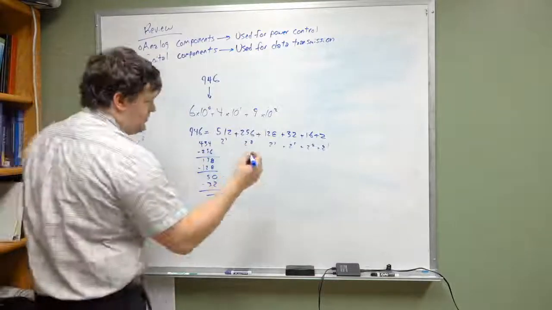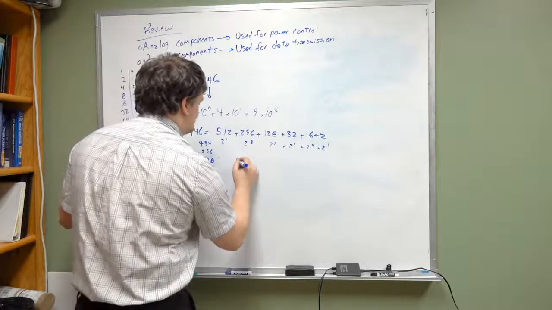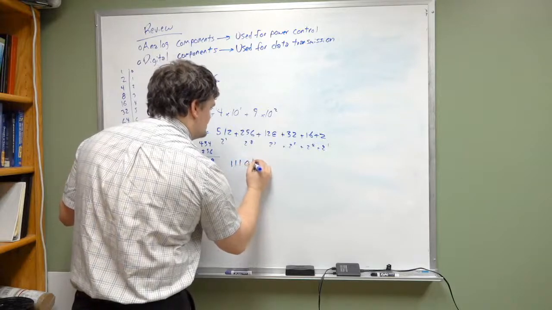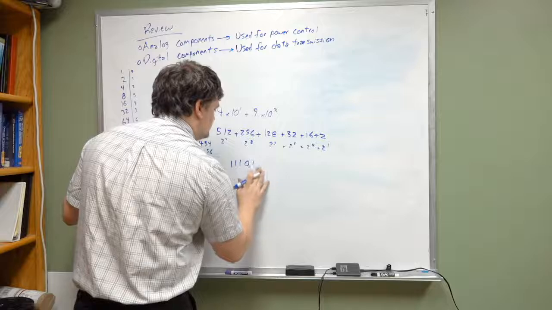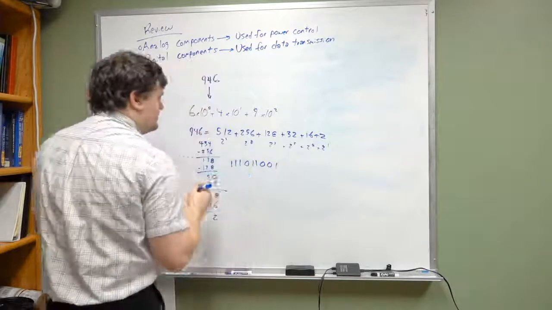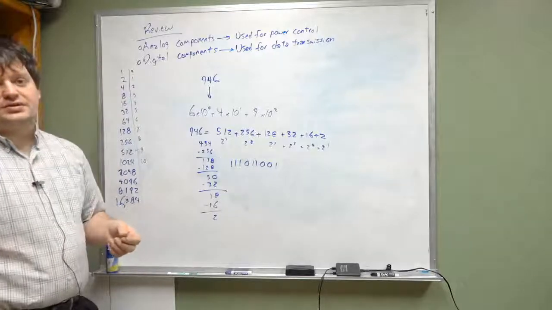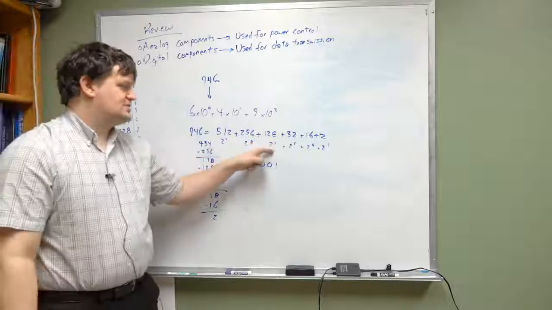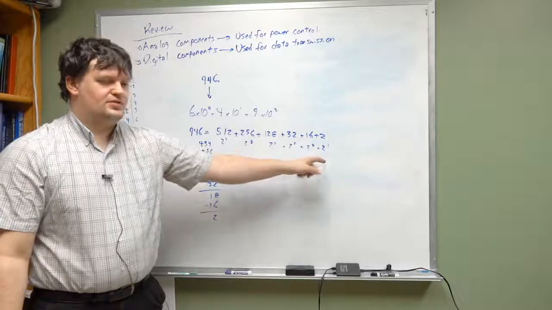So it would take 10 digits to express this. This would be 1, 1, 1, 0, 1, 1, 0, 0, 1, 0. That's 946. So I have 1 in the 9th place, 1 in the 8th place, 1 in the 7th place, 1 in the 5th, 4th, and the 1st place.